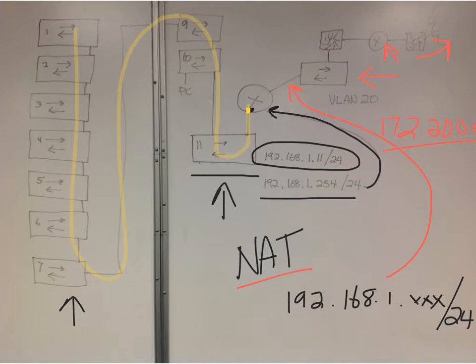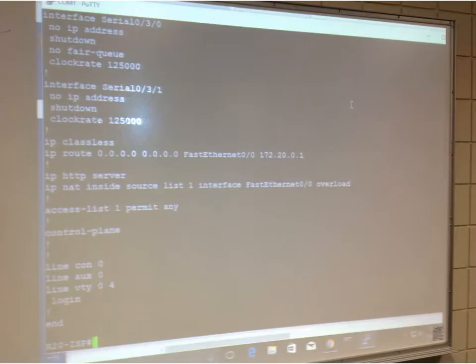And then most people got it working. I can't say for sure everybody, but then we looked a little bit at some of the configuration. Okay, so this was inside interface. Oh no, that's an interface we're not using. Here is the command to create the default gateway in the router.